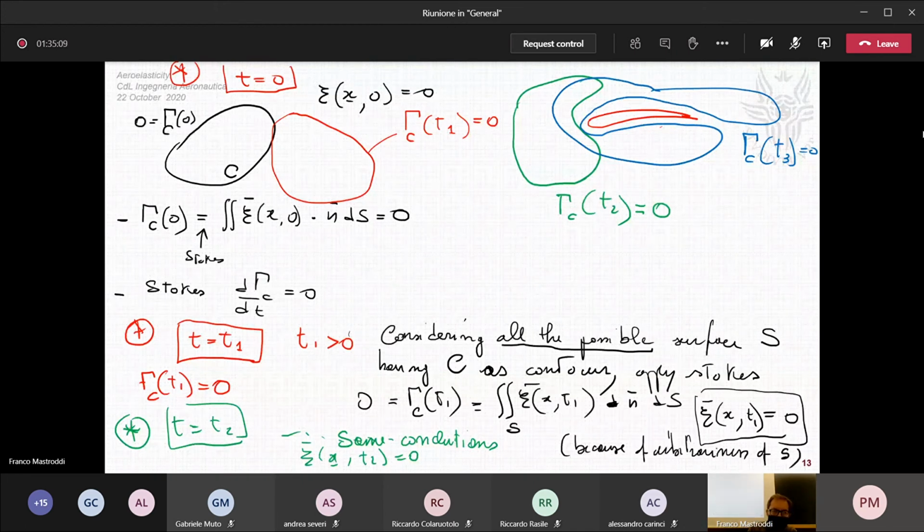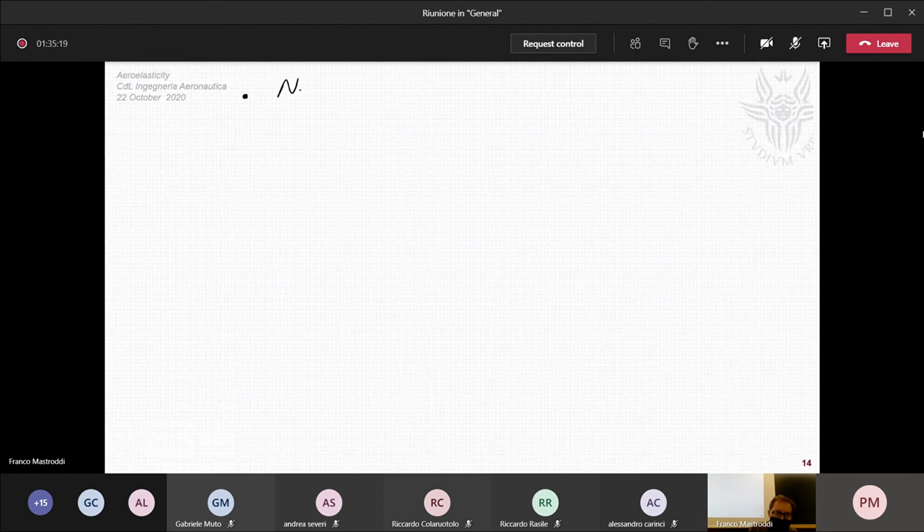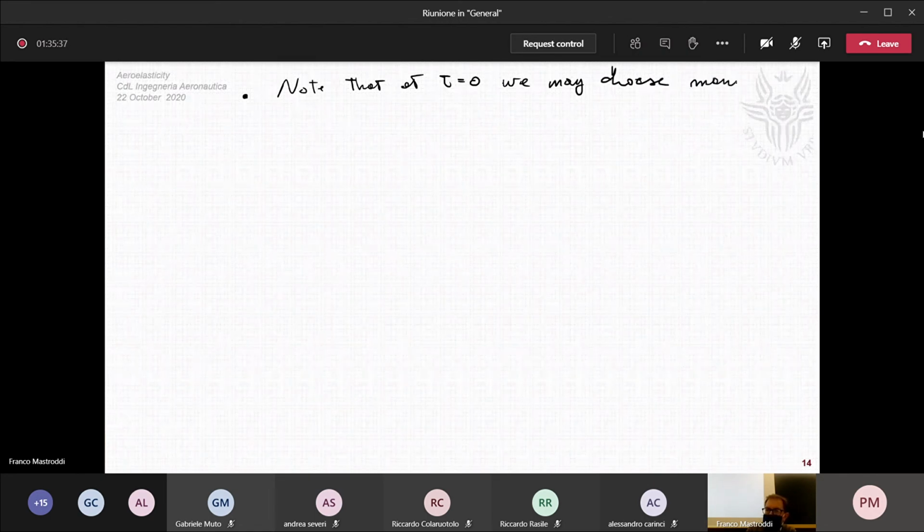Let me do a comment. A comment here is that, note that at time equal to 0, we may choose many contours to cover the initial space.